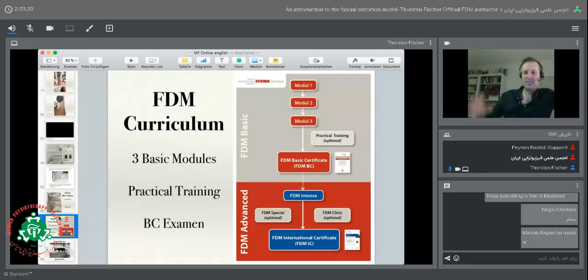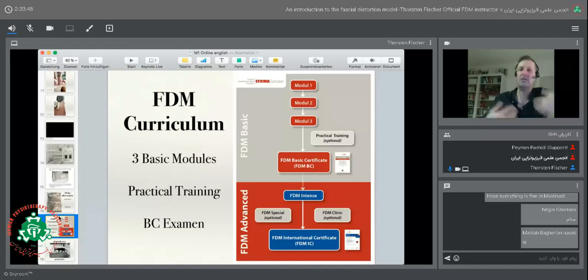In the seminars that I gave in Tehran so far, we did module 1 and 2. Module 1 is shoulder, knee, ankle. Module 2 is a refresher of module 1 and the whole spine, the pelvis and the hip. And module 3, which we didn't do so far in Iran, is the refresher of module 2 and upper extremity, lower extremity, and head and craniomandibular joint.